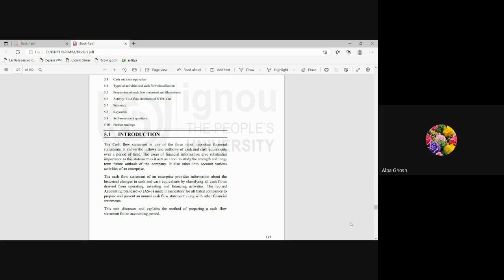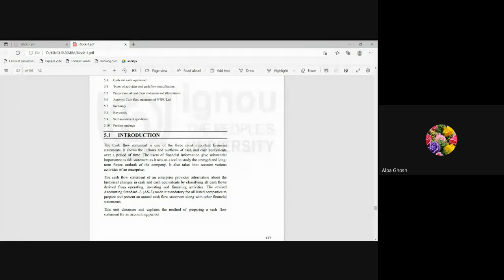Here a word is coming, cash equivalent. Cash equivalent means all those items which can be readily converted into cash.